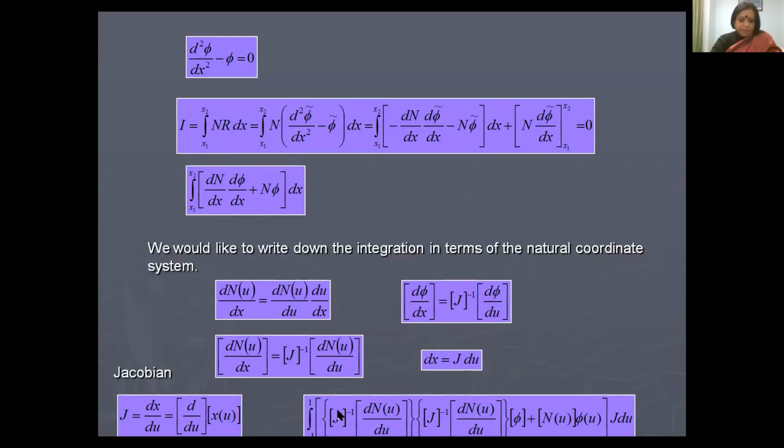Where was I? So the integration becomes an integration between -1 to +1. We have dn dx, so J inverse dn du. Then we have d phi dx, which is J inverse d phi du.